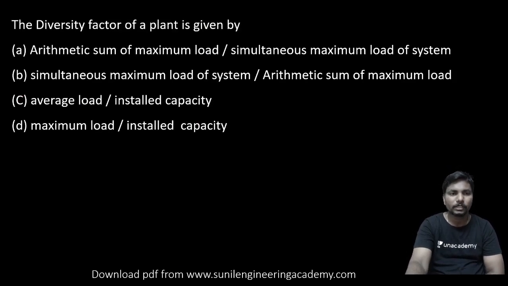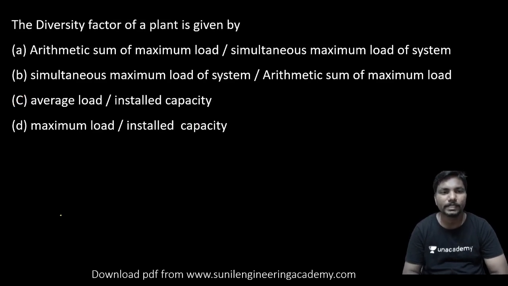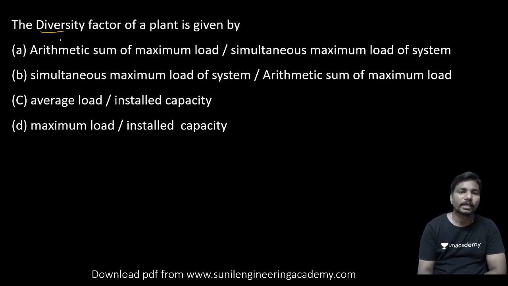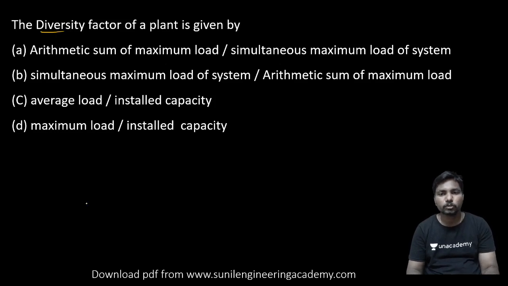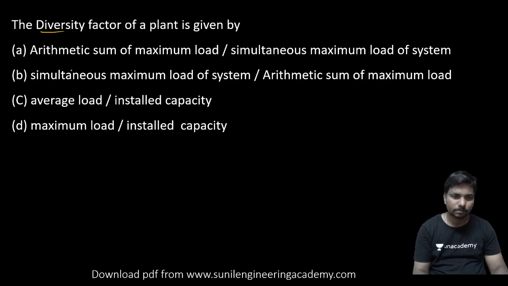Okay, coming to the next one. Diversity factor of a plant is given by the arithmetic sum of all the maximum loads by the simultaneous maximum load of the system.